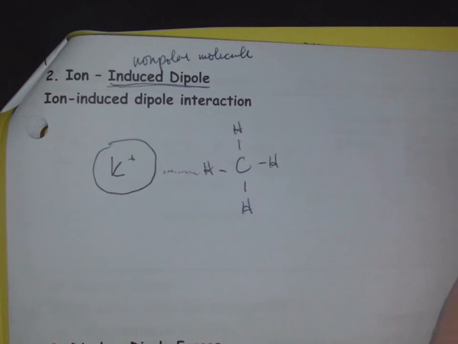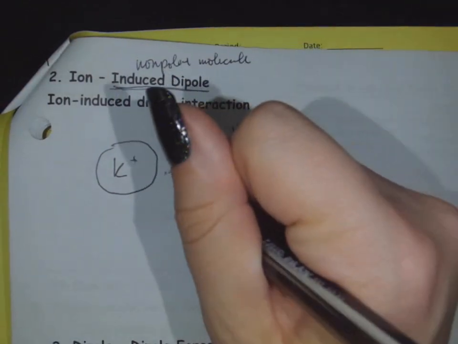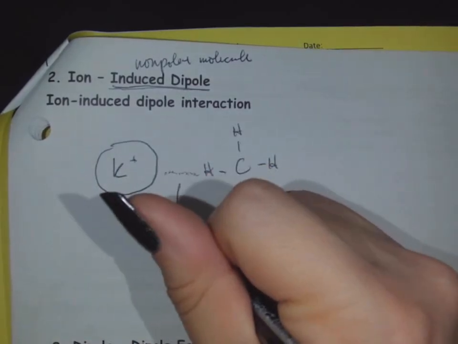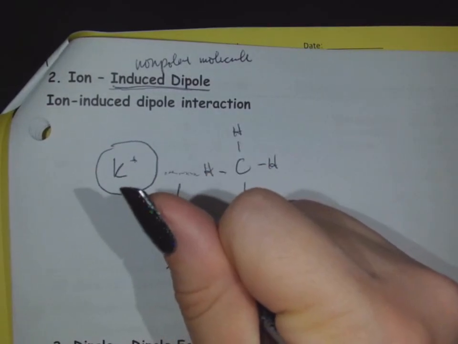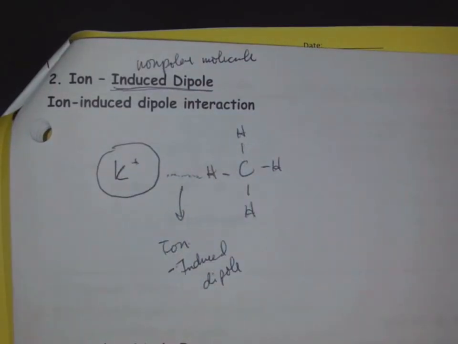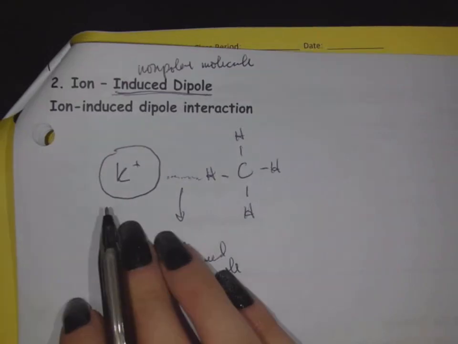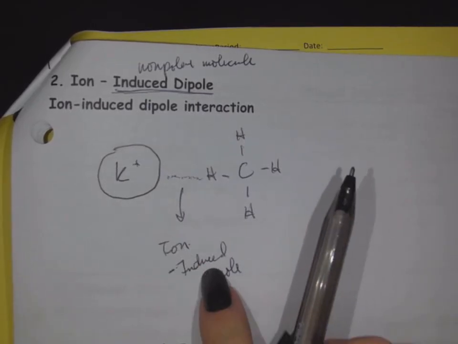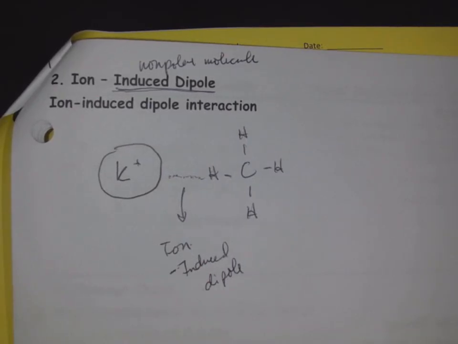It's not as strong as the ion dipole interaction, but that would be an ion-induced dipole IMF, intermolecular force. Okay, there's so much identifying of this. So if we have an ion and a nonpolar molecule, we get an ion-induced dipole.